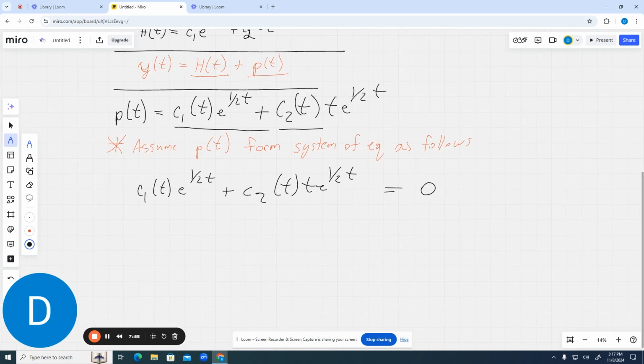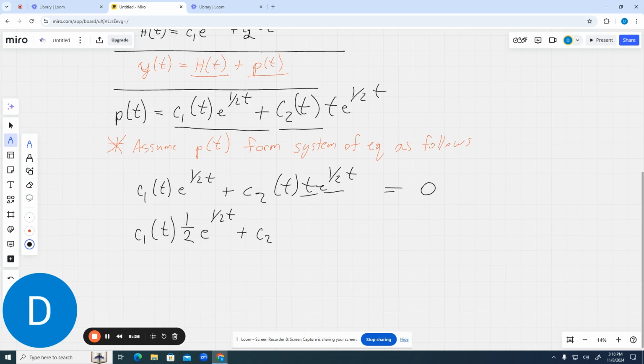So we'll say c1 of t, and then the derivative of e to the 1/2 t is just 1/2 e to the 1/2 t, right? We just bring this to the front, plus c2. And here we're going to have to do a product rule because you have a t and the 1/2 t.